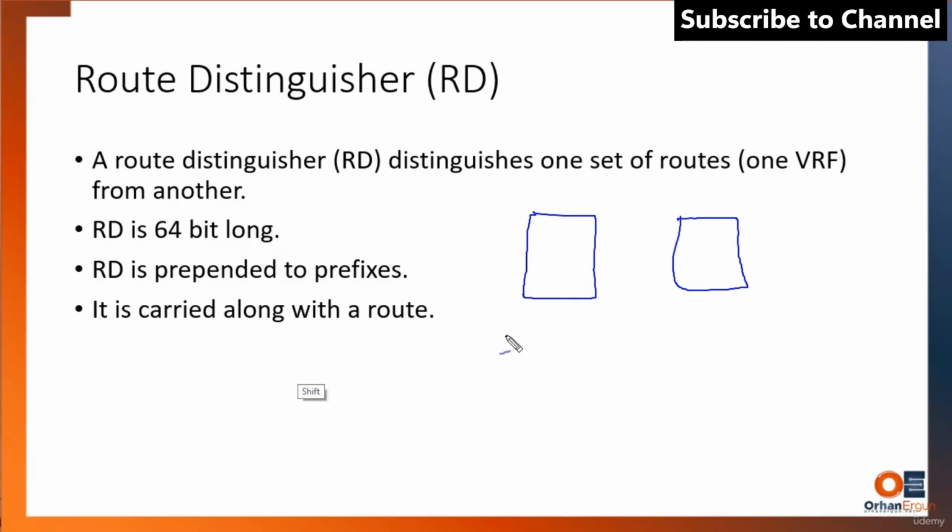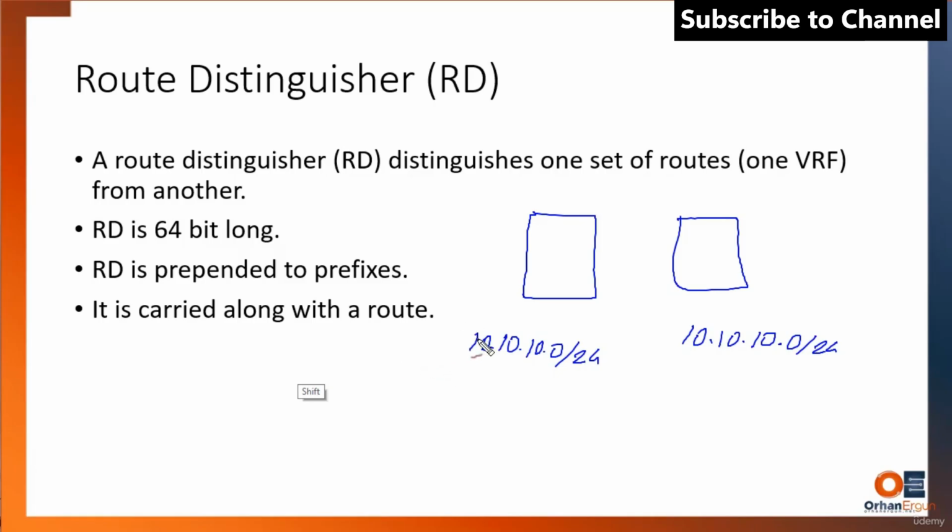Let's say that the first one has a route of 10.10.10.0/24. The second one can have a route of 10.10.10.0/24. And I said in previous session that this is okay. Overlapping routes are okay. We can distinguish them from each other. How? By adding a route distinguisher.